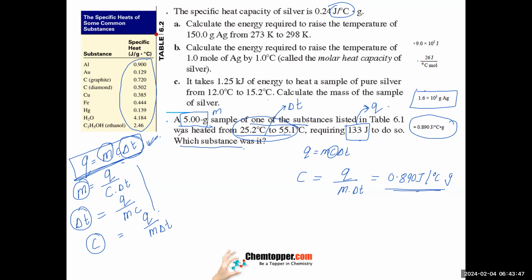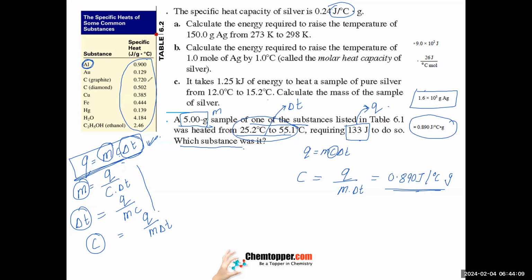Now check which element this is. Yes, it is aluminum. So we can identify the element by specific heat capacity.